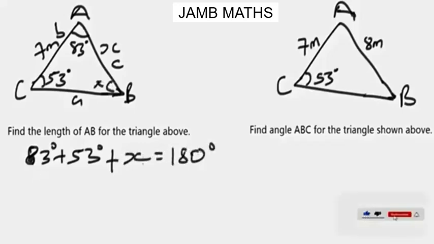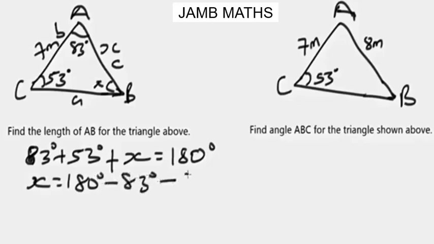So to make X the subject of the formula, everything here comes over with a positive sign. So our X will be 180 degrees minus 83 degrees minus 53 degrees. When you punch it in the calculator, we're going to have it to be 44 degrees. That means the angle here will be 44 degrees.